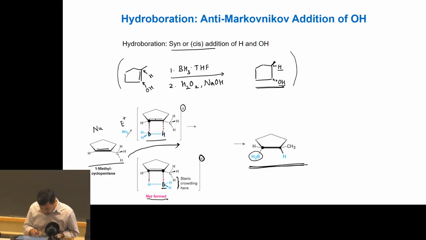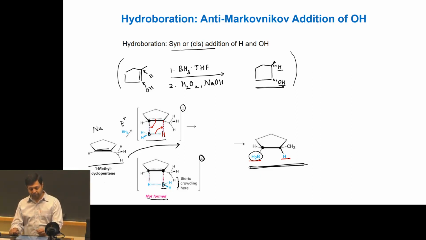So these electrons from the double bond are going towards boron. Because boron is electron deficient, it is acting as the electrophile. Now these electrons between the boron and one of the hydrogens are going towards the formation of the bond between the carbon and this hydrogen. As a result of that, you will get BH2 on this carbon and hydrogen on this carbon.